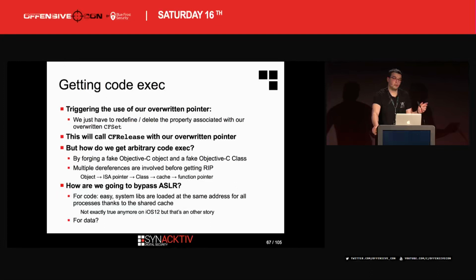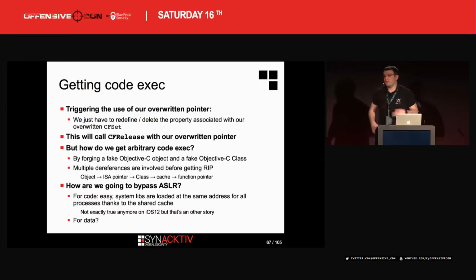Then you've got a cache pointer that you dereference to get the function pointer. So there are a lot of different dereferences involved. So you need to bypass the ASLR to forge your fake object. For code, it's really easy because the system libs are loaded at the same address for all the processes, thanks to the shared cache. Well, even if that's not really true anymore on iOS 12, but that's another story.